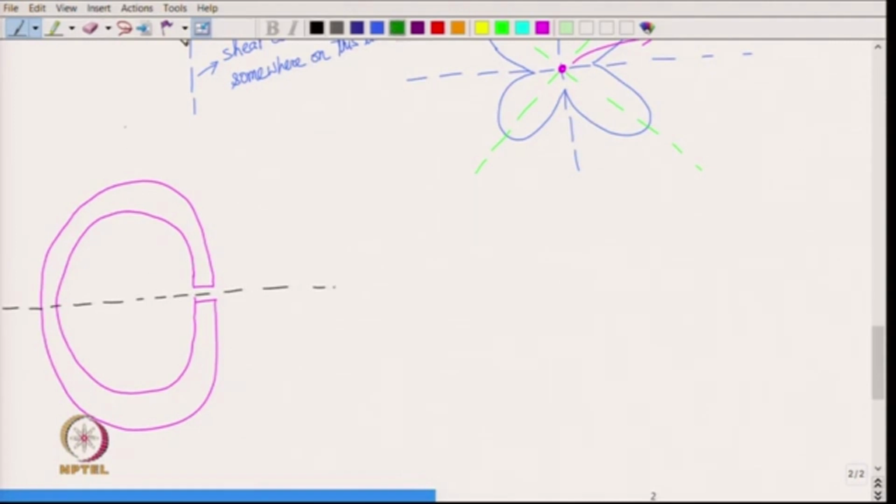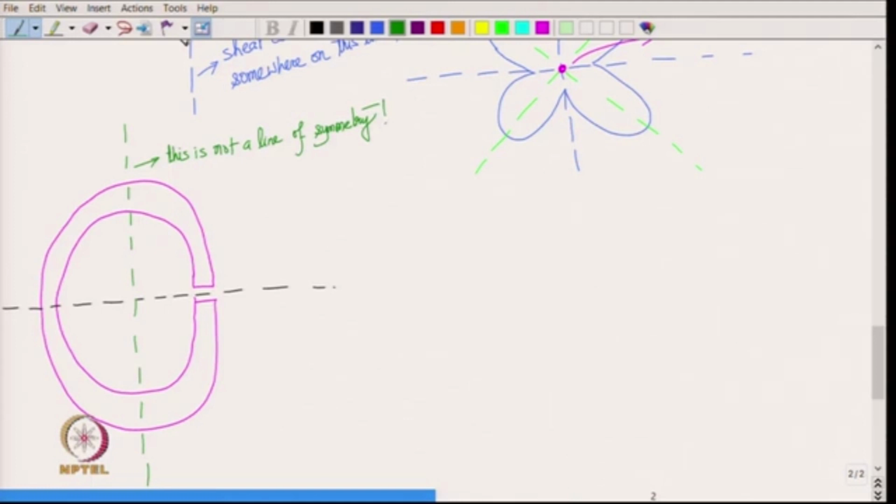So, if you think of this green line right here, then this is not a line of symmetry, because we have only one cut, we do not have two cuts. So, if you reflect your cross section about the green line, you do not get the same cross section. Therefore, it is not a line of symmetry. So, it has only one line of symmetry.